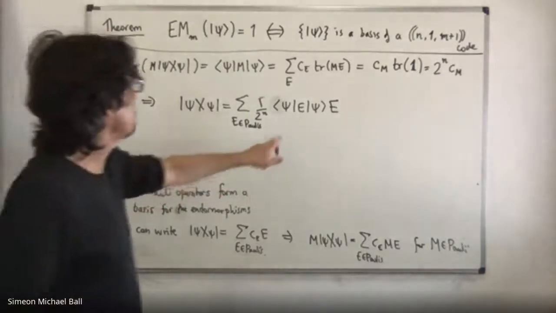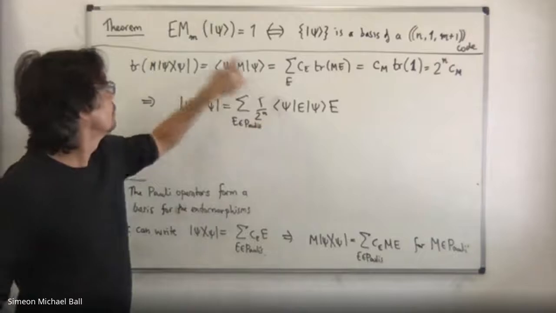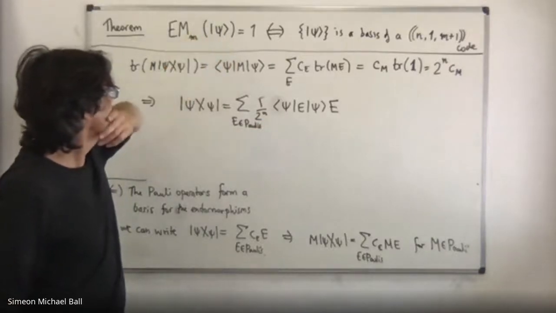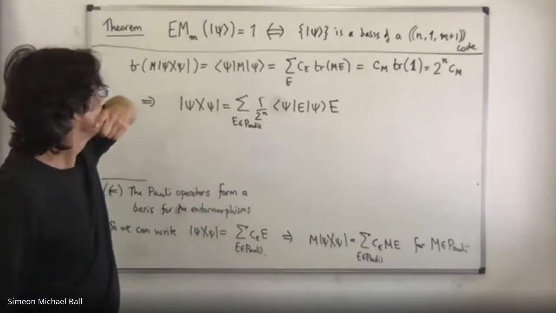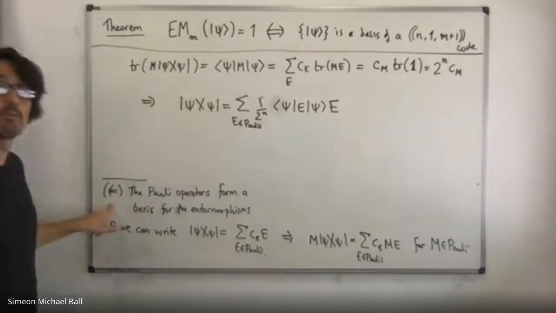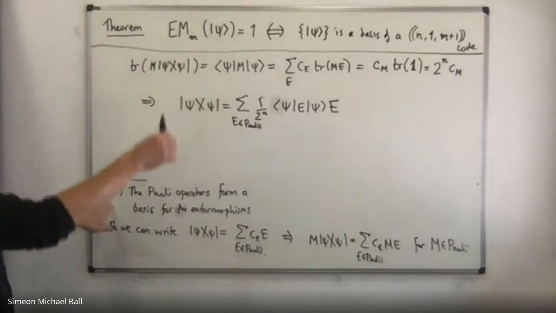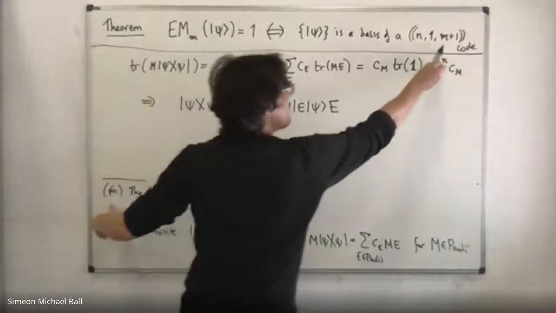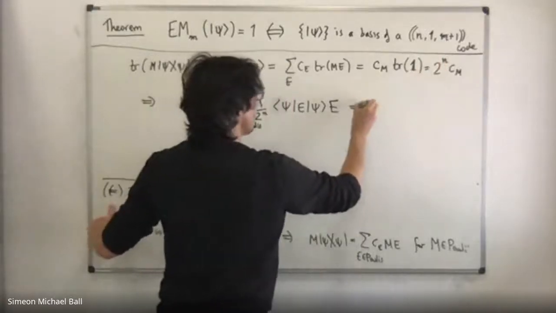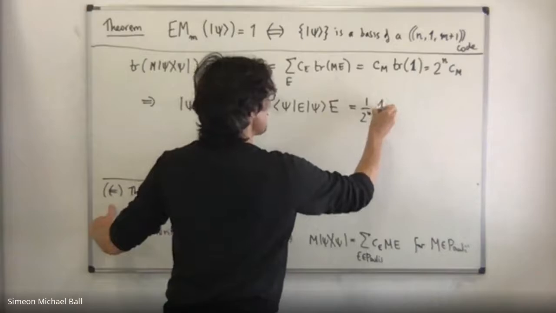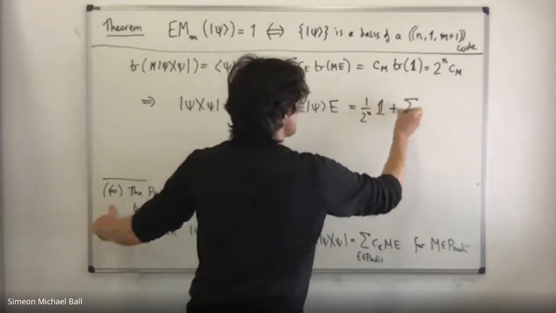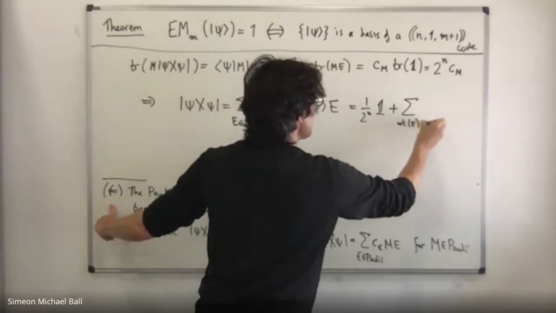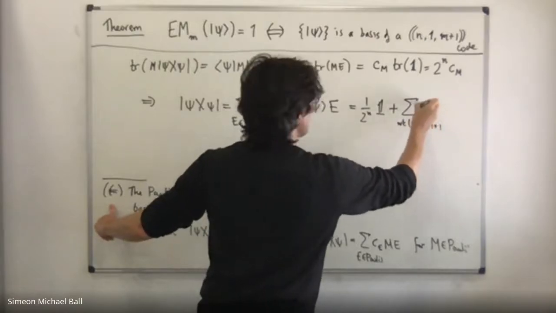Well, we do know something here, because we're proving the backwards thing, so we know that we've got an error correcting code. So we know these things are 0 for up to the m systems. So this is 1 over 2 to the n times the identity plus the sum, and now the weight of E is going to be at least m plus 1.